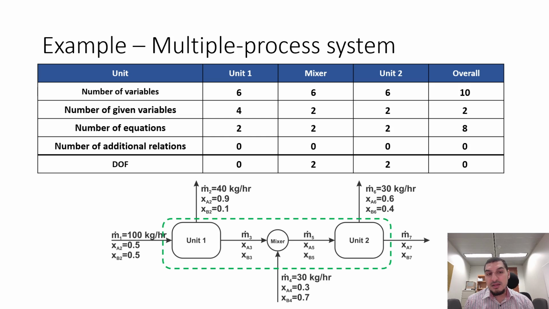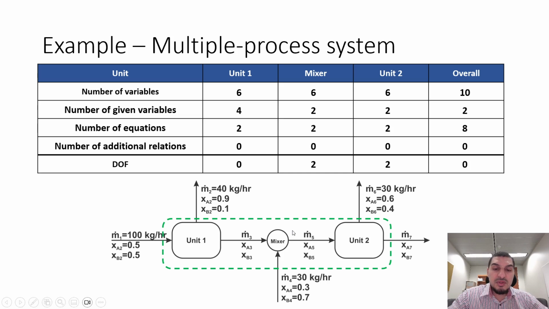The second, which is a very important thing, is that we can plan for the next step. For example, if I start with unit 1, then after I solve unit 1, I can calculate the variables in stream 3. So I will have two pieces of information in stream 3 that were not available before.